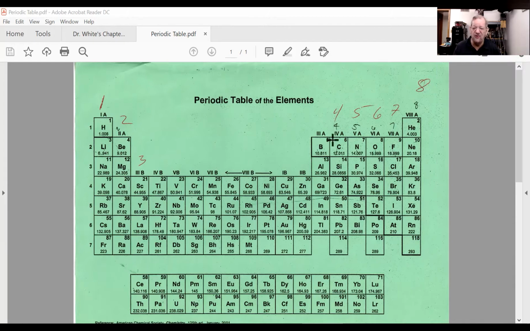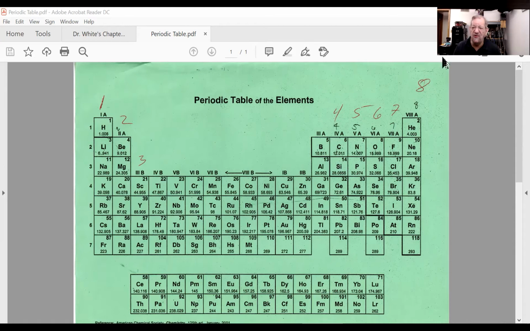All right, let's do another one. Why don't you round off carbon to 3 significant figures? We don't need it for the problem we're doing, but guess what? It's good practice. All right, time's up.